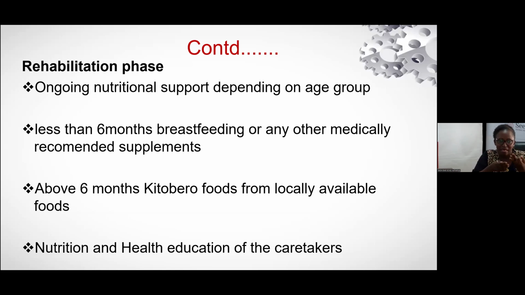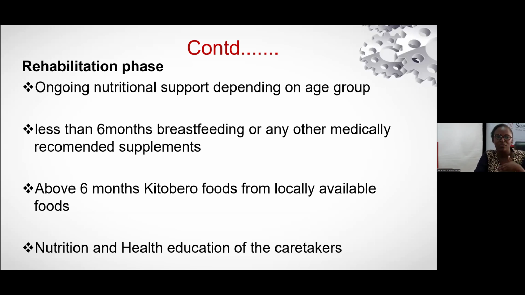We usually teach these mothers how to cook, how to prepare the chitovero, because by the time we discharge them from the hospital, they should be able to prepare these foods by themselves. If you're preparing the posho, then you're putting in the beans, then you're going to put in silverfish. So you teach them based on the locally available foods. You will not tell this mother, go and buy this, when you yourself cannot manage it.